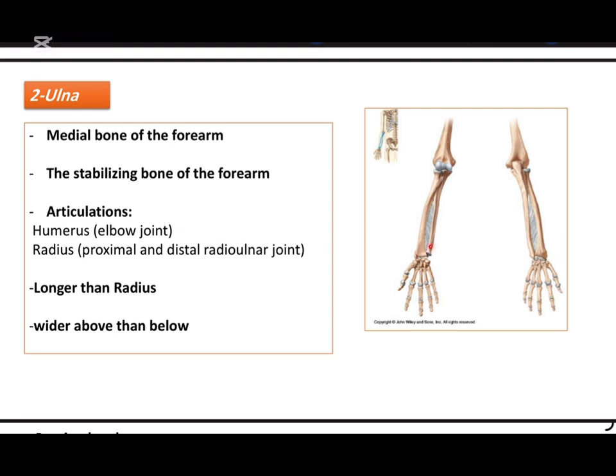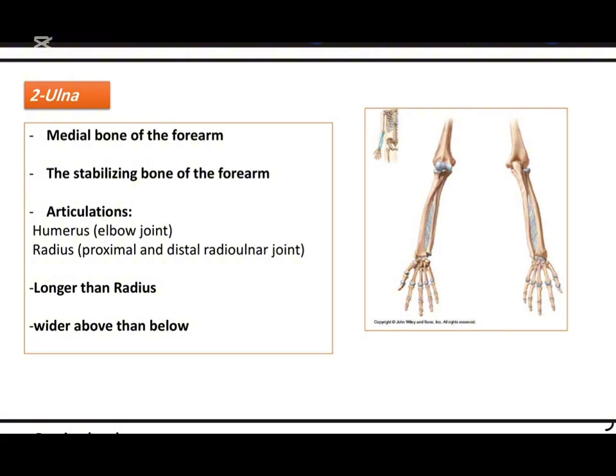On this space, I have a disc here. It separates the ulna from the carpal bones and it's excluded from the wrist joint, okay? And finally, it articulates with the radius at the proximal and distal radioulnar joints, okay?